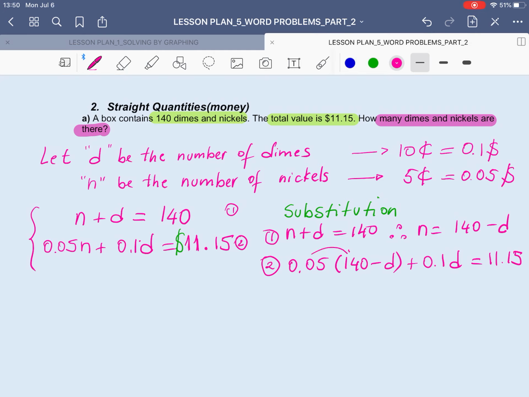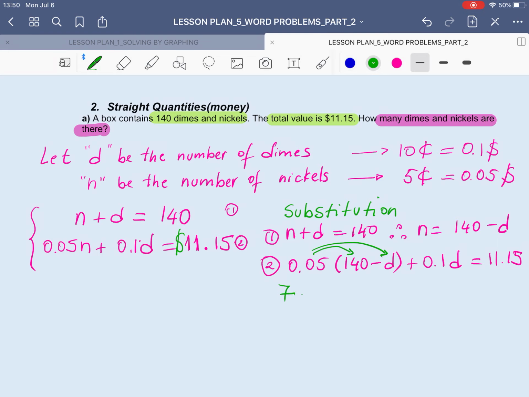So again, don't forget, when you are expanding here, you have to do it carefully. So you have a binomial there. So 0.05 times 140, that would be 0.5 times 14, or 5 times 1.4. So that would be 7.